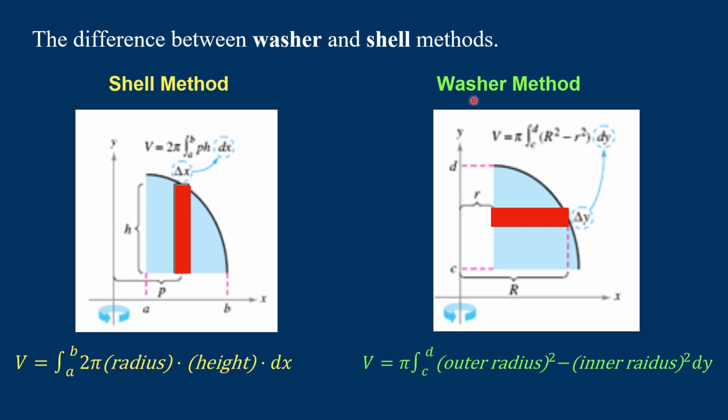So the washer method is pi, integral over dy from c to d, of outer radius squared minus inner radius squared. Which one you pick depends on the question: which one is easier to set up? That's the key point, you make a choice about which method to use. So make sure you understand the difference between the shell and washer methods.